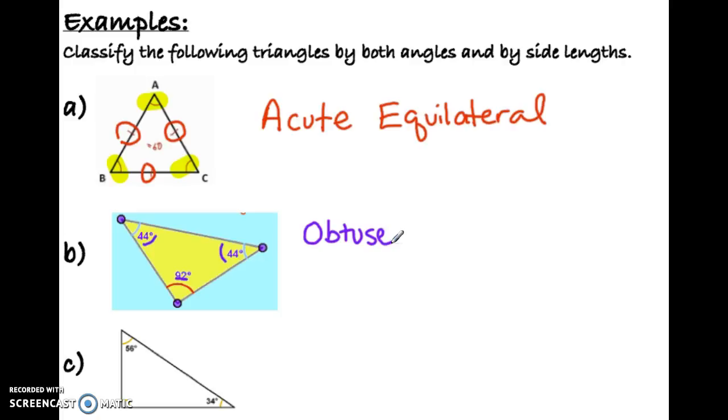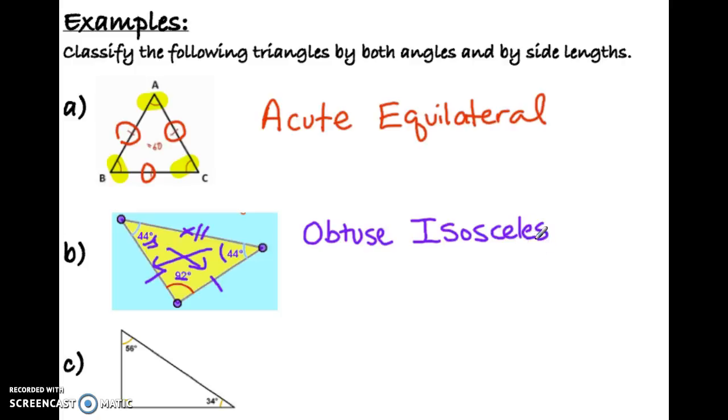If there are the same angles, like here's a 44 and a 44, that means the sides across from those angles actually match. So these have 2 sides that are the same across from those 44-degree angles. And this other one across from the 92, this is not the same. You could mark it with 2 or whatever. So this is an obtuse isosceles triangle.